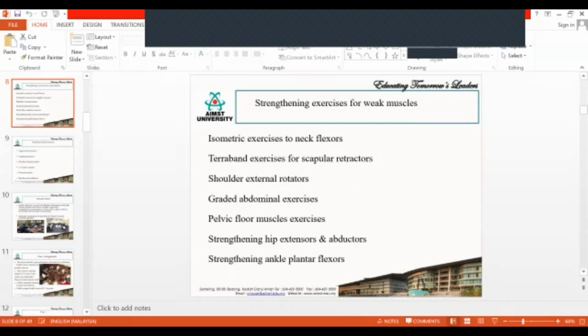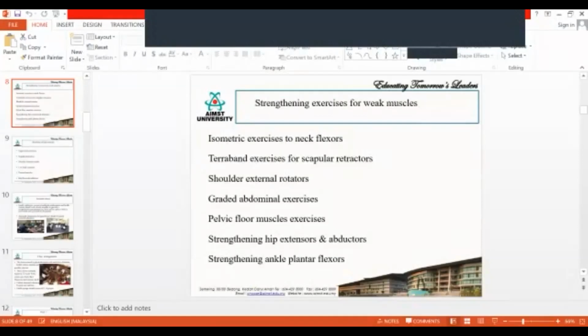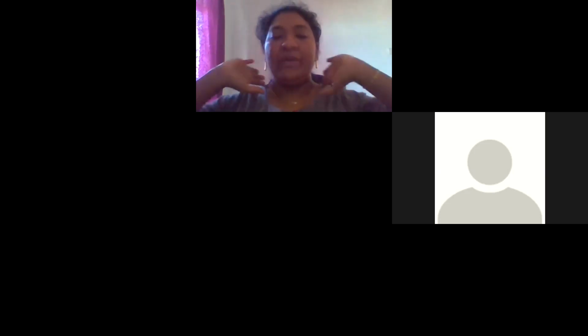So the first weak muscle is the neck flexors. To strengthen neck flexors, we need to go with isometric neck flexors. You need to keep both the hands behind, and the neck should be straight. You have to tell them that the neck should be straight.